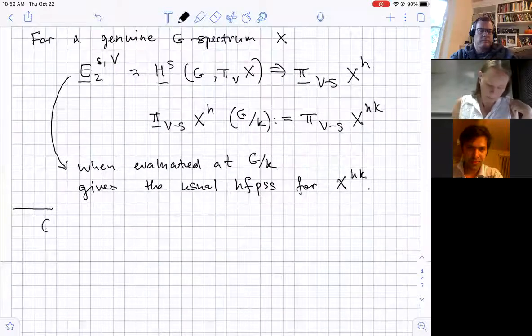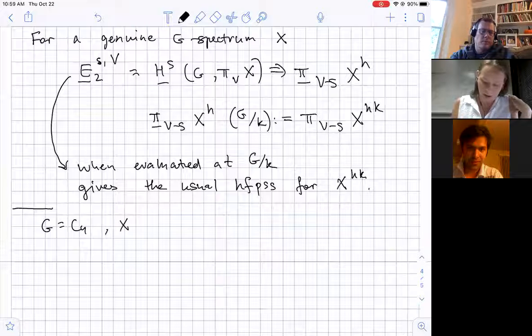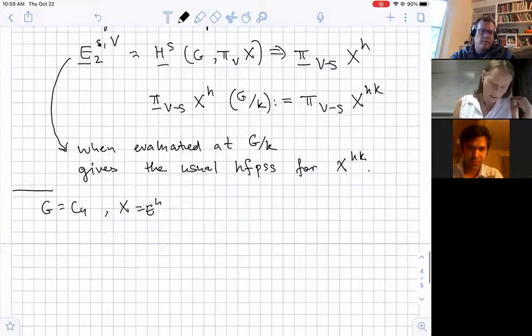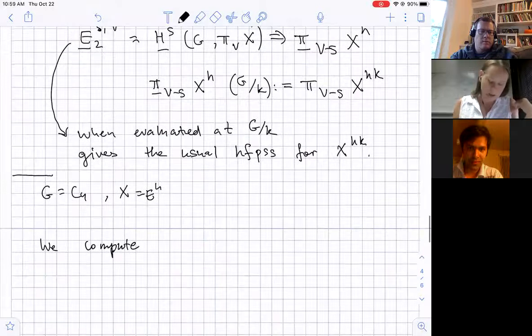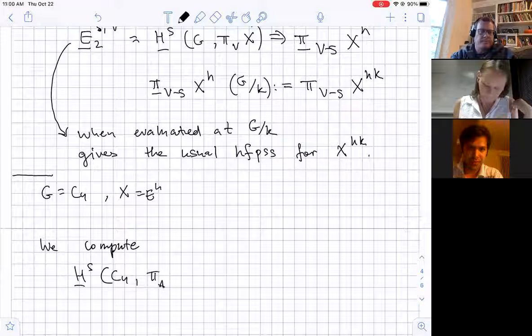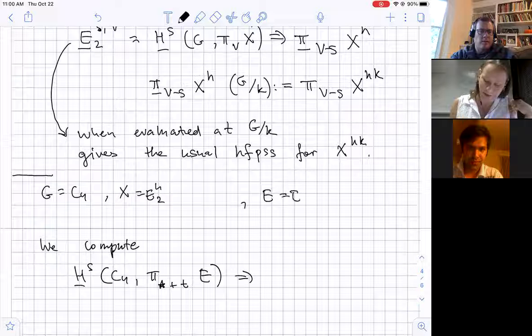Remember, our group is C4 and our X is EH. And we compute the Mackey functor spectral sequence. I will only talk about E2 right now.